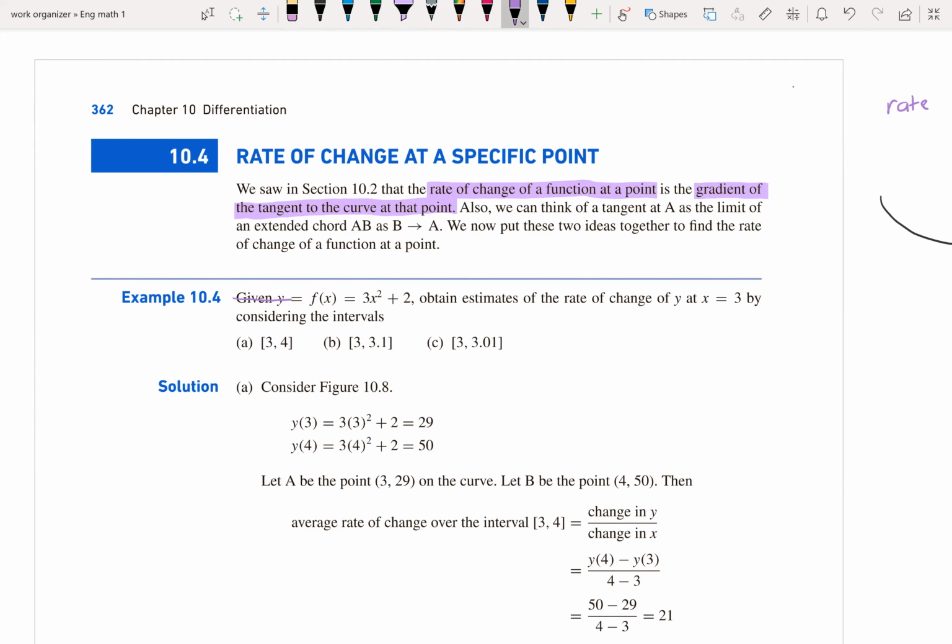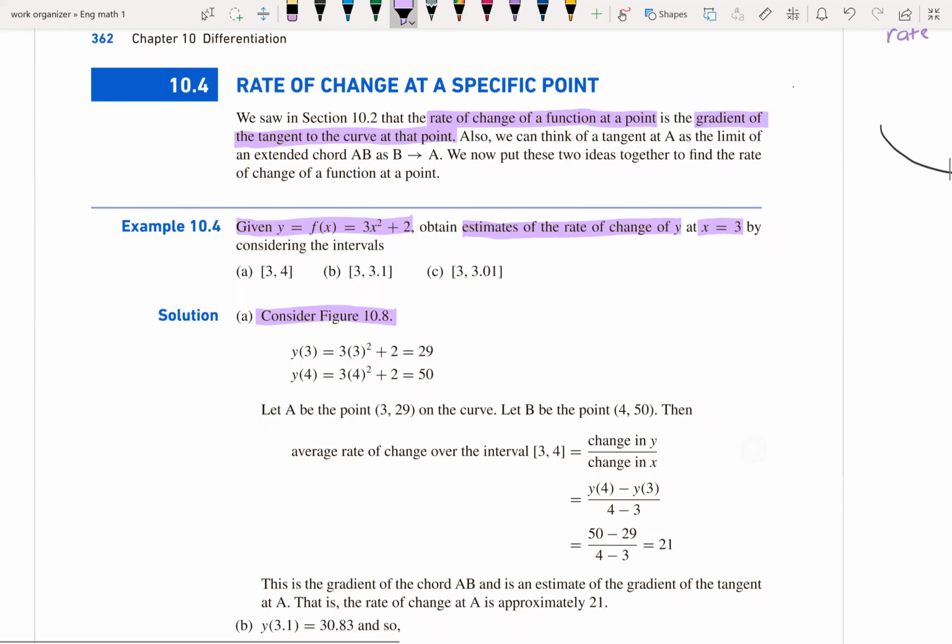Given y equals f(x) equals 3x squared plus 2, we have to estimate the rate of change of y at x equals 3, by considering the intervals below, in Figure 10.8.